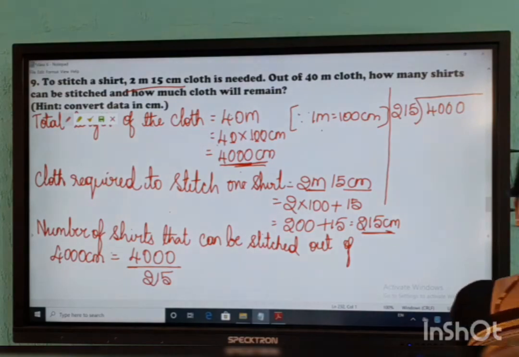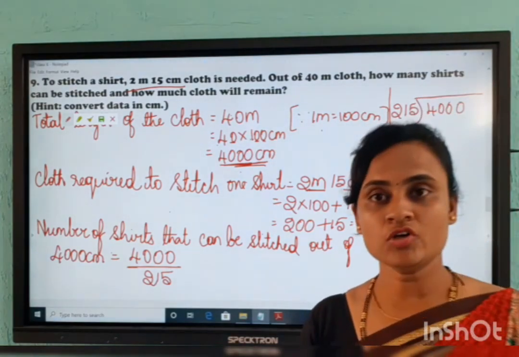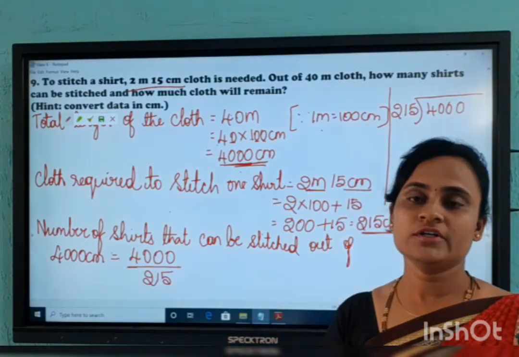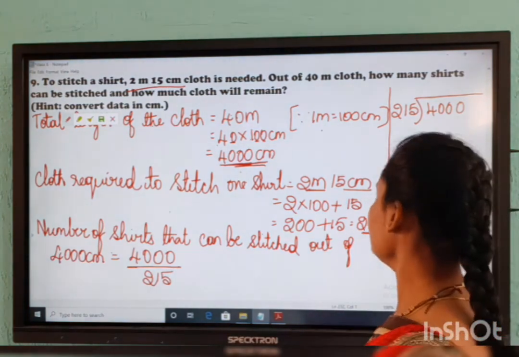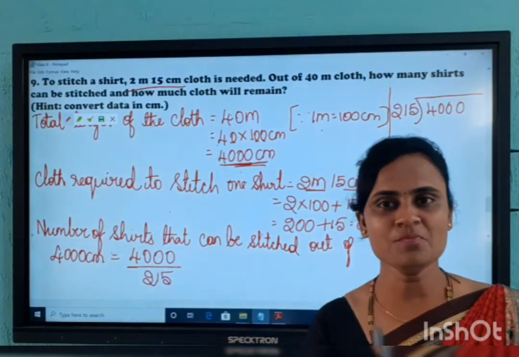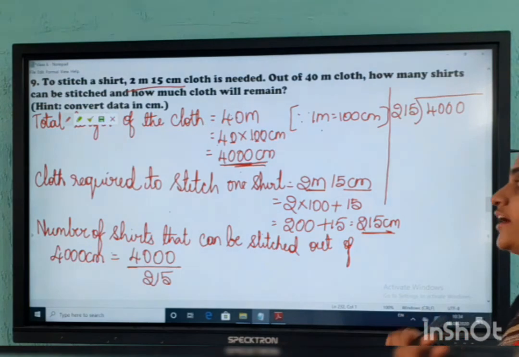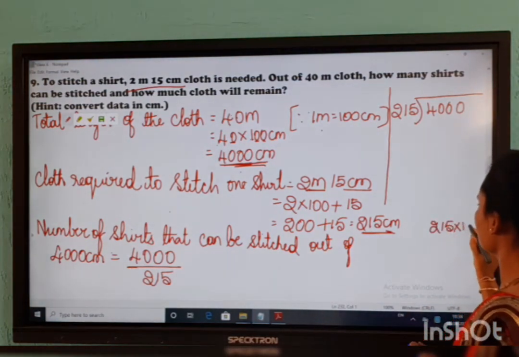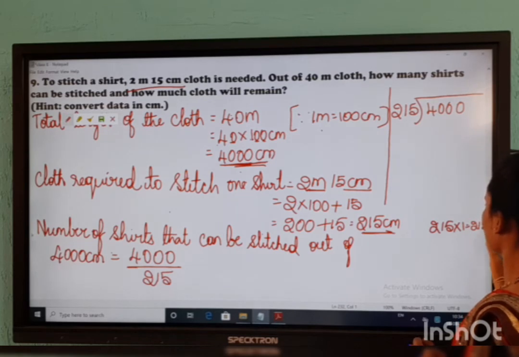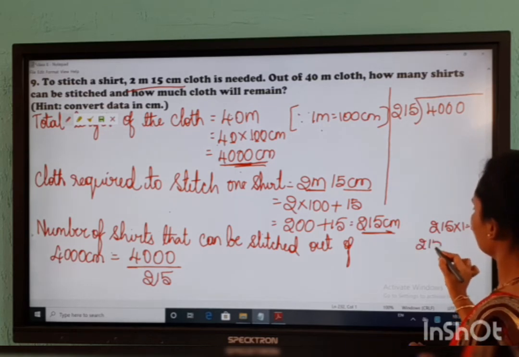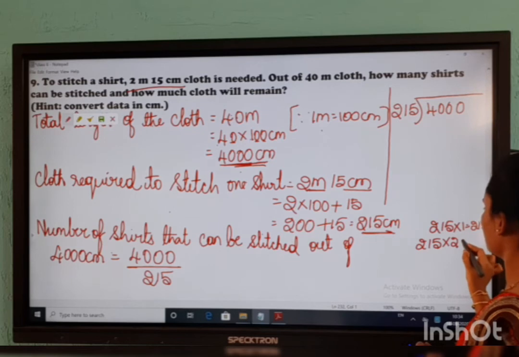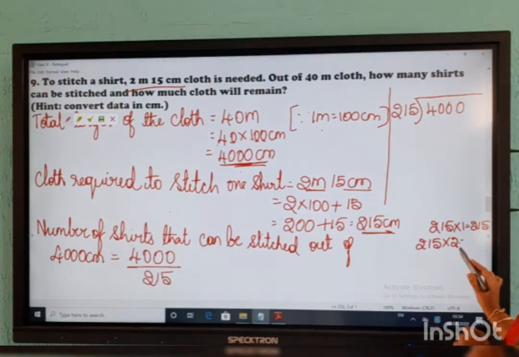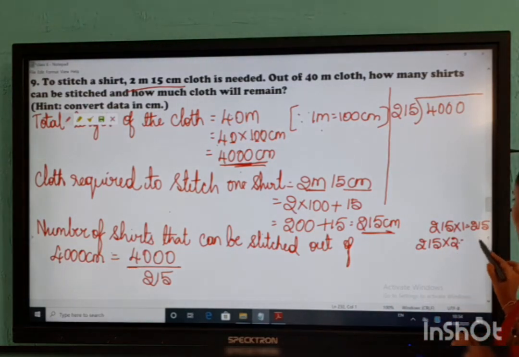Now, 215. I know you all will be thinking, what is this? We all know only tables till 20. It is 215. But you all know to do multiplication, right, children? So nothing to worry. You all will write the tables here. 215 ones is 215. 215 twos are, just do the multiplication. 2 5s are 10.